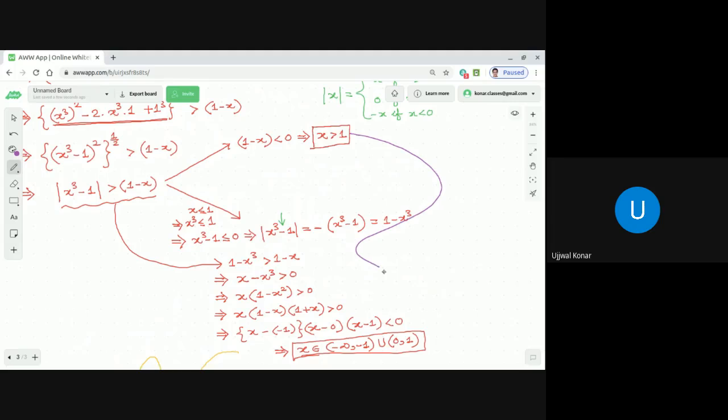If we merge them, x belongs to minus infinity to minus 1, union 0 to 1, and union 1 to infinity. Absolutely clear, dear students? Yes. Okay, great.